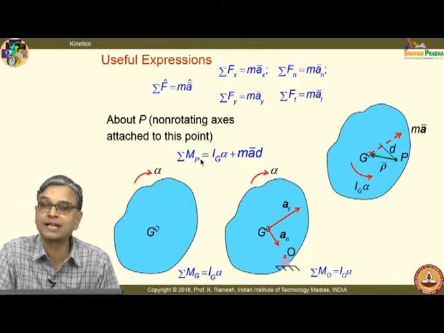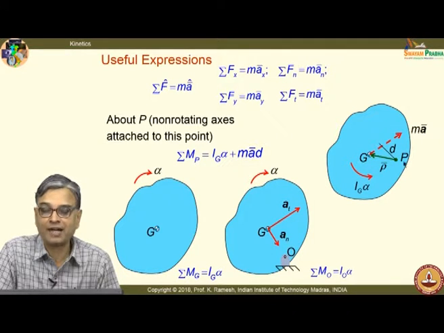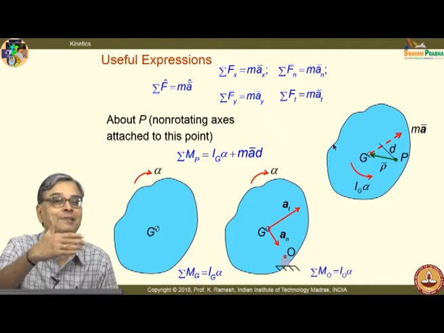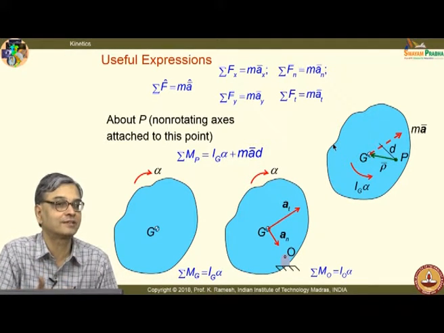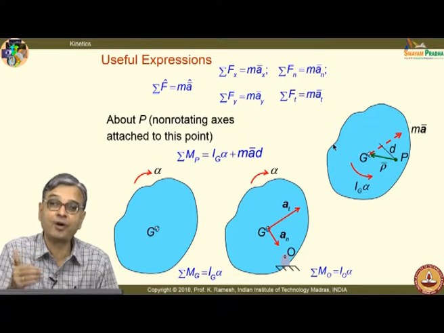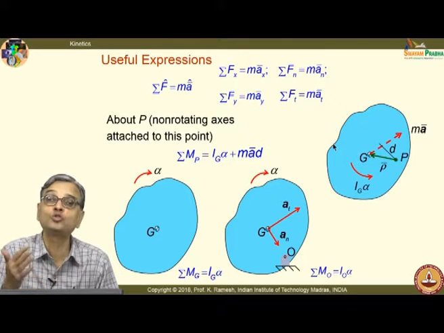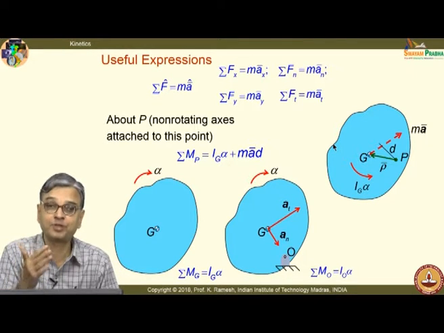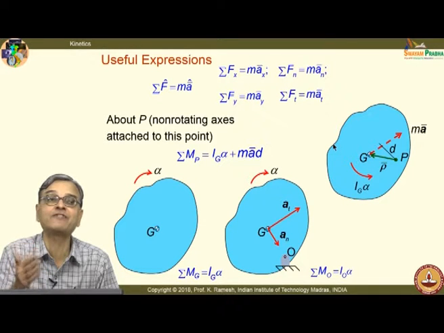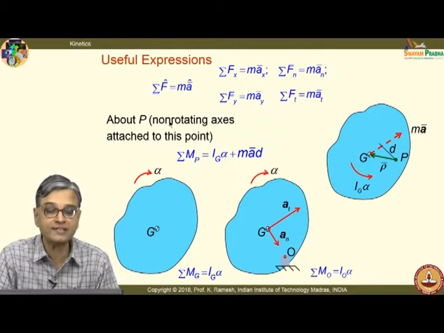Like in statics, I can choose any point. I have shown an arbitrary position P. I can choose an appropriate position, so that my mathematics is reduced. And remember that point P on the rigid body can have acceleration, but you should know the absolute acceleration. In other words, the acceleration measured from an inertial frame of reference for you to use these equations.